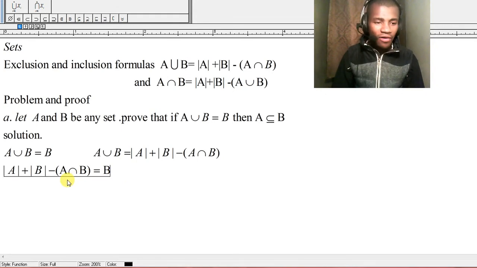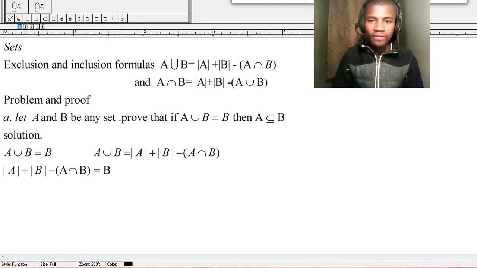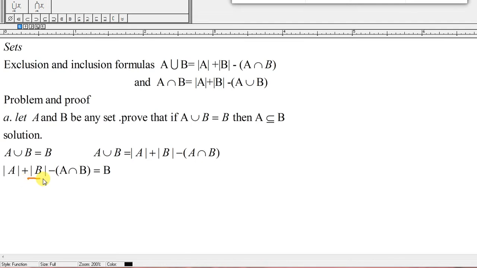Now if we look at this, we can see that if we take this one to the other side, let me just highlight it so that you guys can see. If we take this to this side, this will cancel. So this gives us something like this.